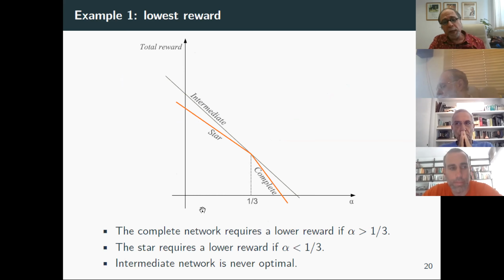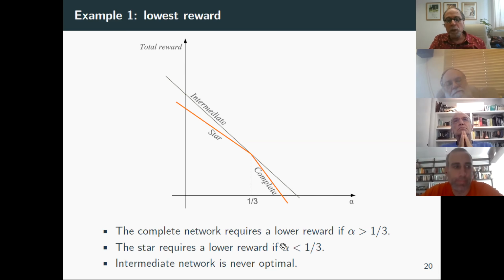What turns out to be the case is that for alpha greater than 1/3, the complete graph is the optimal. For alpha smaller than 1/3, the star is the optimal, okay? So the optimal structure depends on alpha.